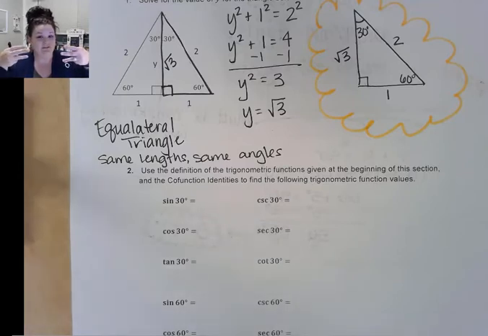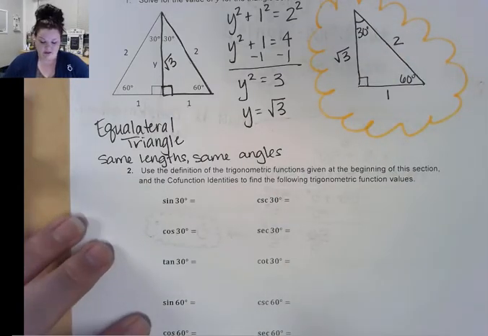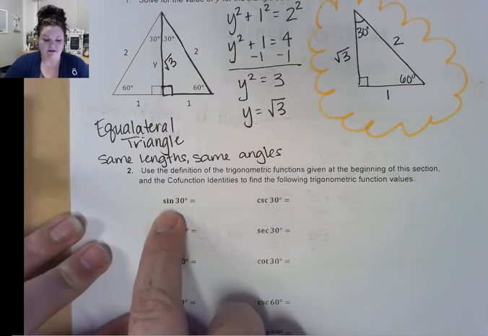That will give me cosecant, secant, and cotangent. And now that I know about complementary angles and their cofunction identities, if I know what the sine of 30 is, I should know what the cosine of 60 is. So I should be able to fill all of these in without having to use the triangle for all of them.